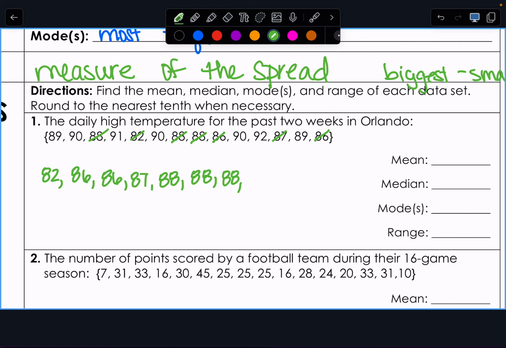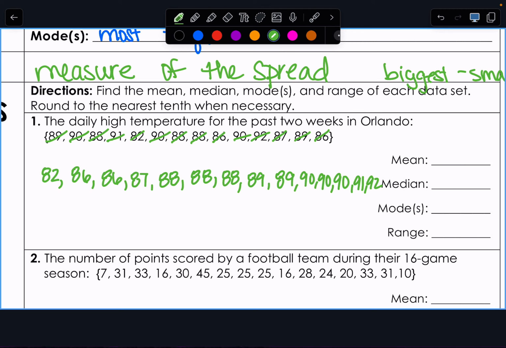Okay. Now I see an 89. Oop, 2 89s. I see 3 90s. A 91 and a 92. So by writing down a number and crossing it off, I'm putting these in order and ensuring that I've accounted for every number.